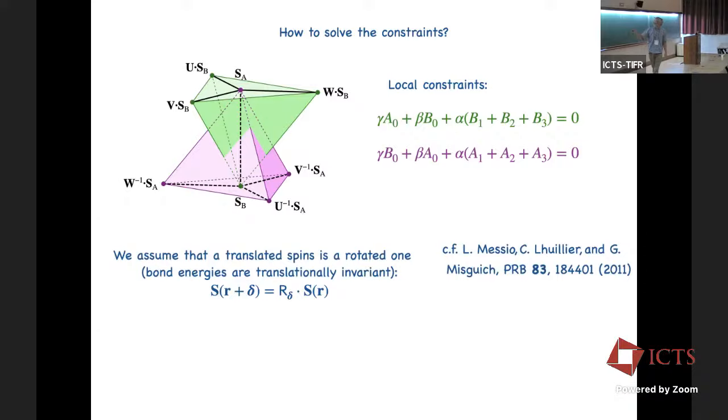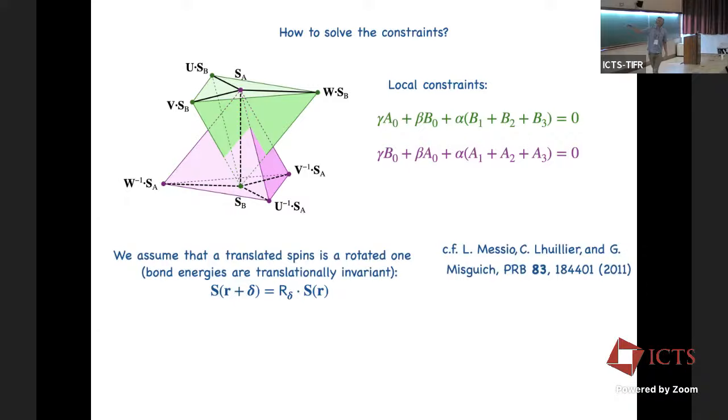So what if we assume that all the same bonds that are pointing in the same direction have the same energy? It means that if the spin is pointing in a certain direction, and we apply an O3 matrix W representing a rotation of the spin S_A, then we will get W times the S_B spin.